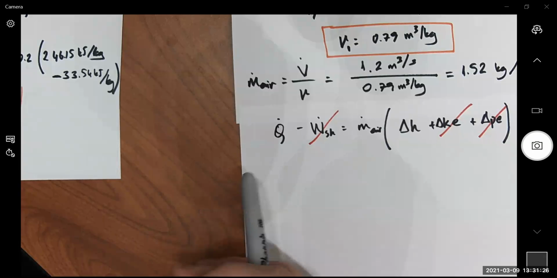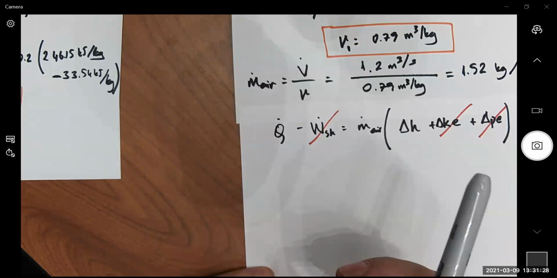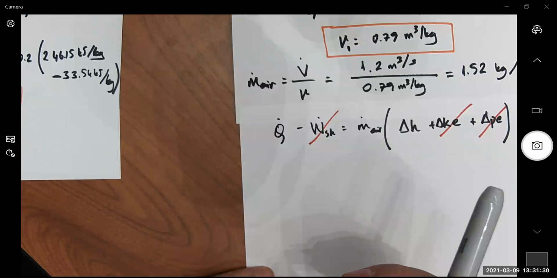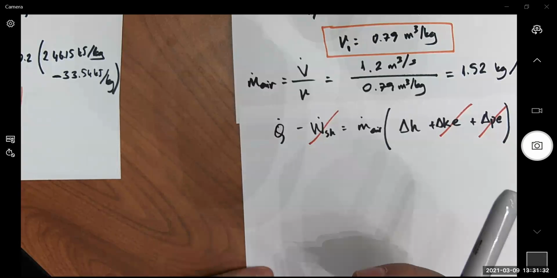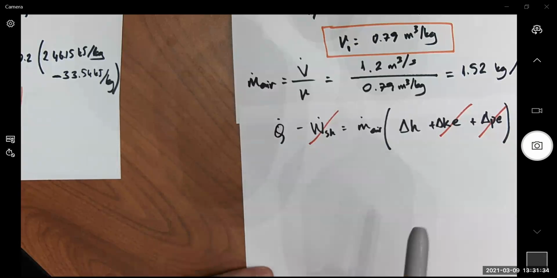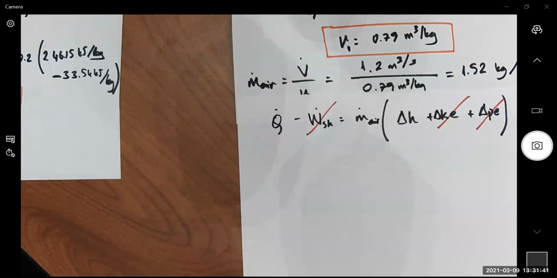You should always read the problem statement carefully. What does it say? It says assume constant pressure for both streams. What does it mean?